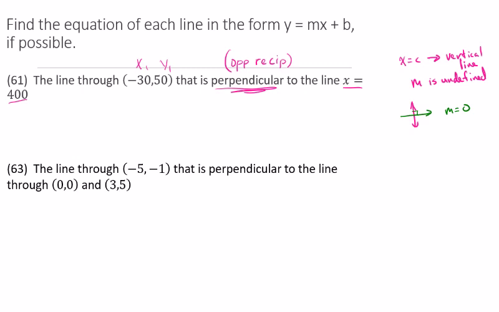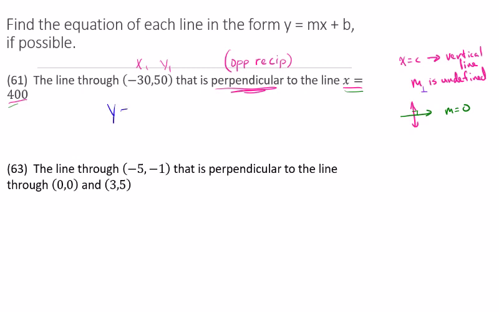So without doing much work, just understanding the situation, we know that our slope is going to be 0, because the perpendicular slope is undefined. Now we have what we need for point slope form.